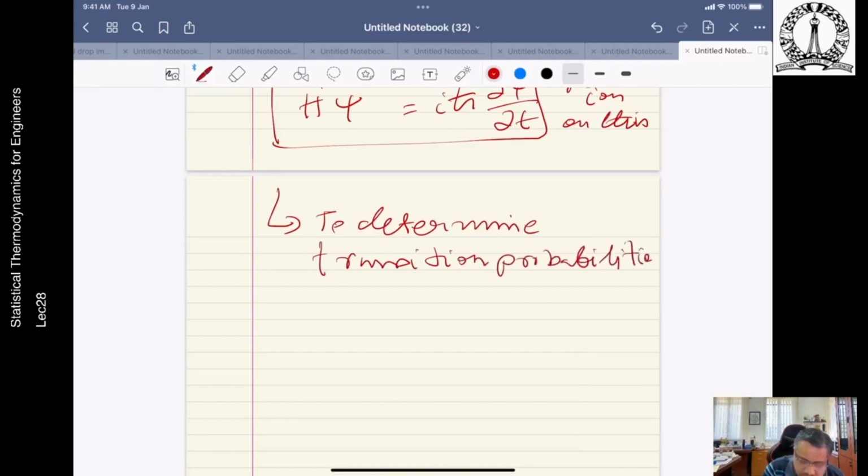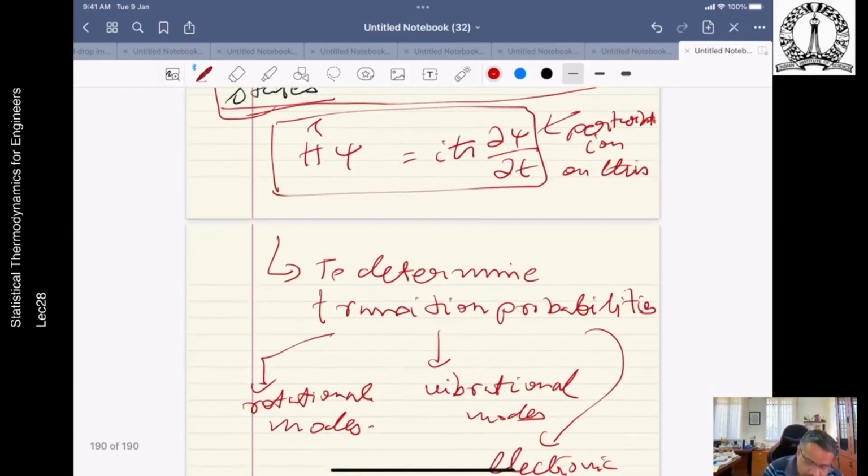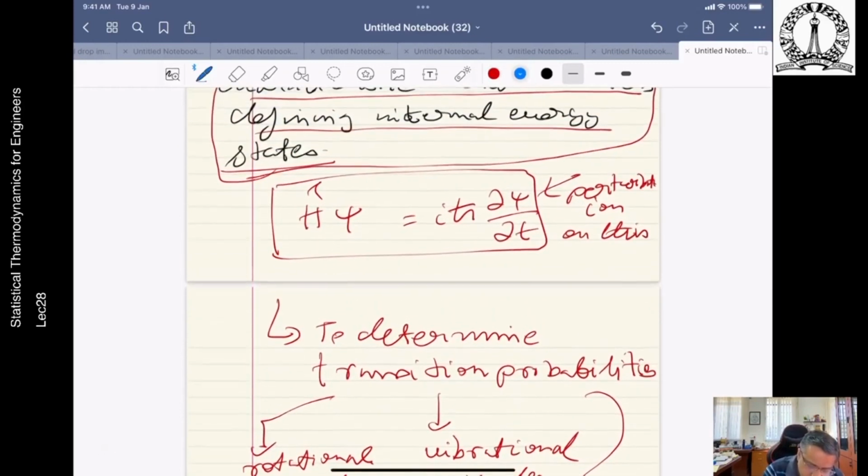That is what we are going to do in the next lecture: define the transition probabilities associated with rotational, vibrational, and electronic modes. All this comes from the time-dependent Schrödinger wave equation.